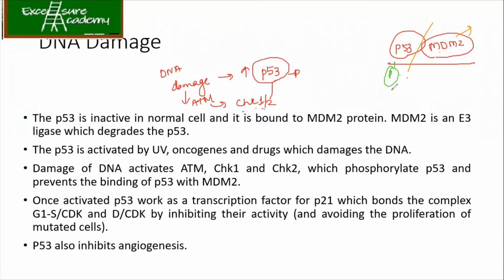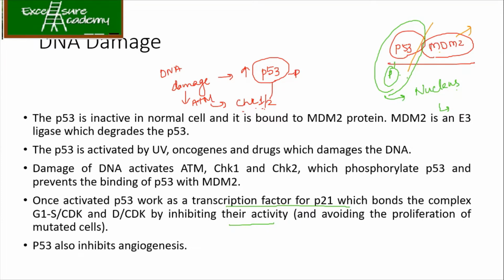It is acting as a transcription factor. When I say transcription factor, it means this is going to enter your nucleus. And it is going to work as a transcription factor for P21, which binds the complex of the CDK by inhibiting their activity. So what is happening then?